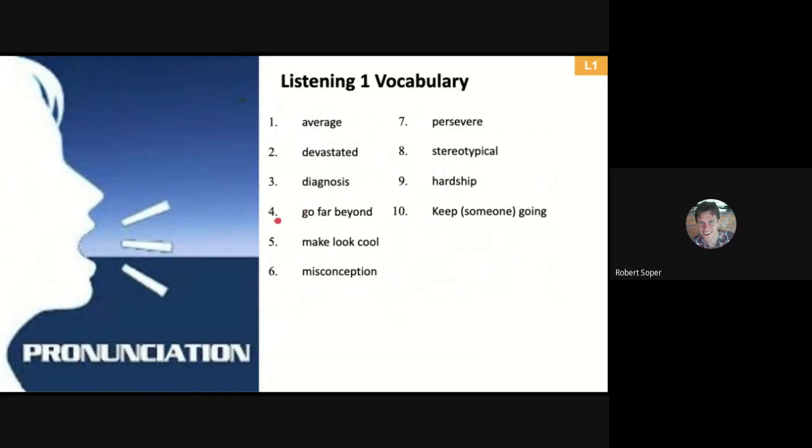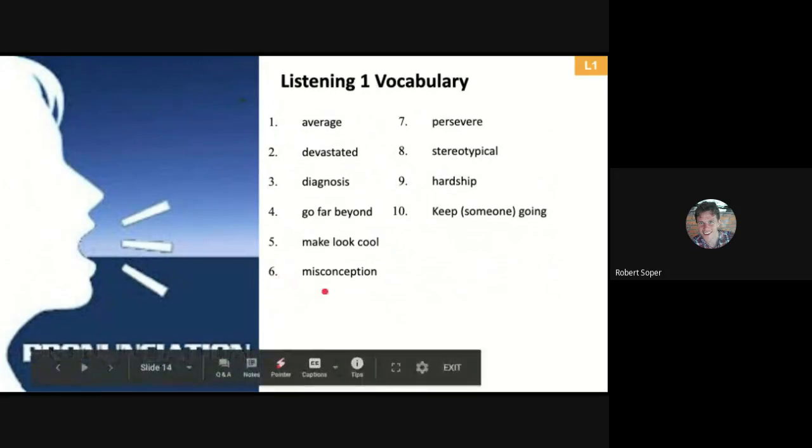Number 4, go far beyond. Number 5, make look cool. Number 6, misconception.